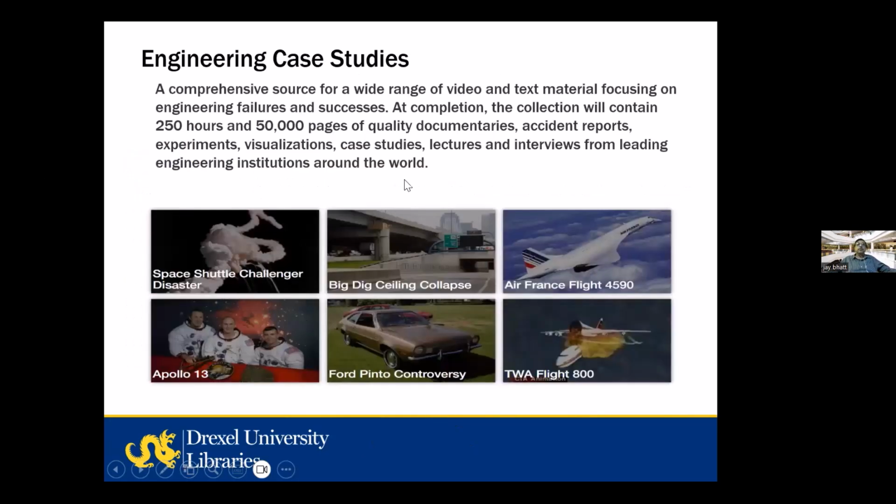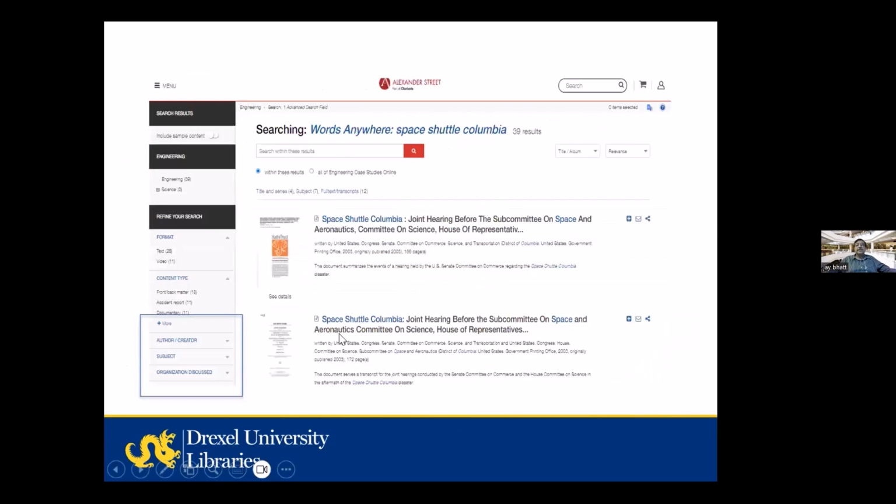So this collection consists of almost 250 hours and 50,000 pages of quality documentaries, accident reports, experiments, visualizations, case studies that you could use. So for example, there is Big Dig ceiling collapse, space shuttle Challenger disaster, TWA flight, Apollo 13, and so on. There are many others. So you can start exploring these controversies.